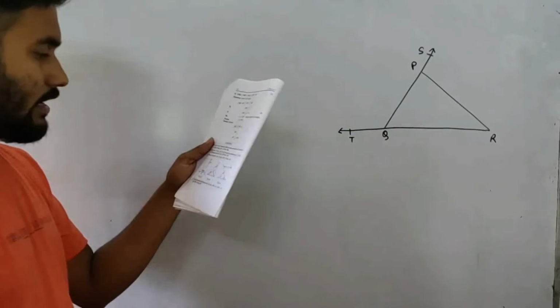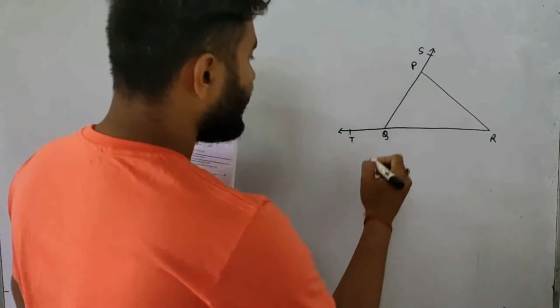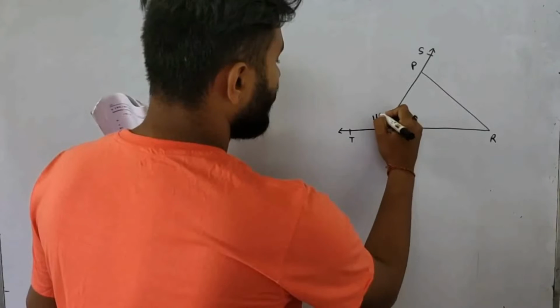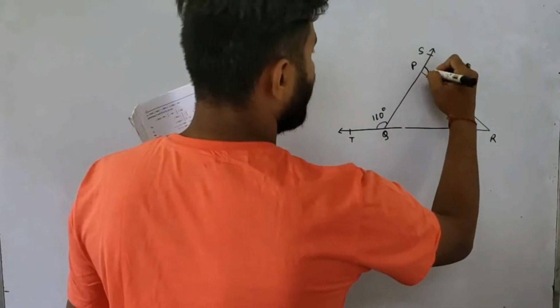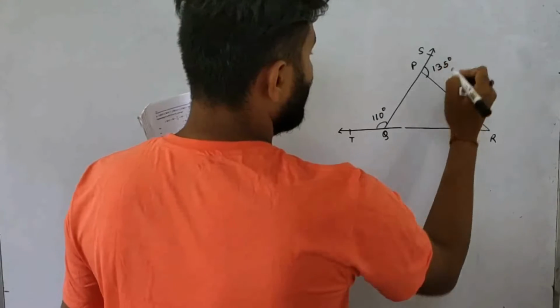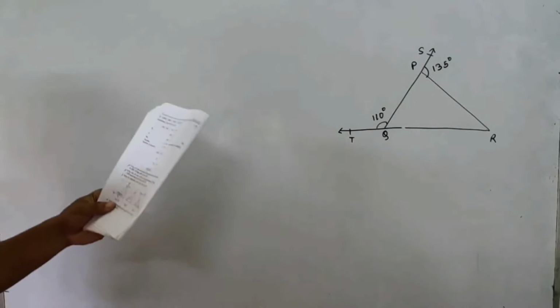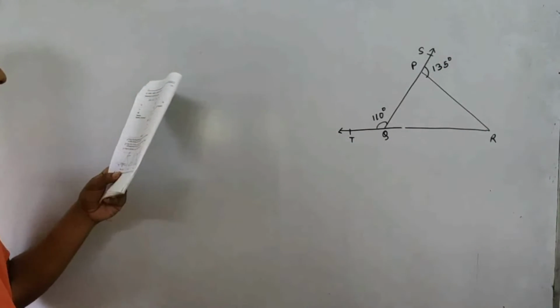Okay, so this is the diagram. Now what is given? 110 degrees is given, and 135 degrees is given. Okay, so what do we have to find?